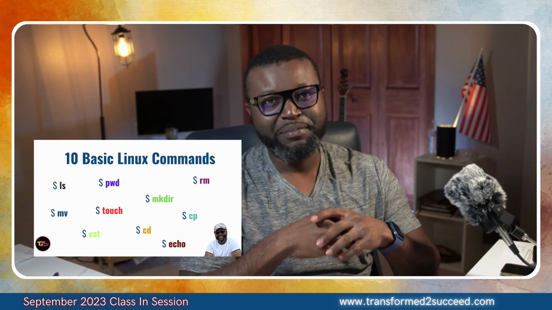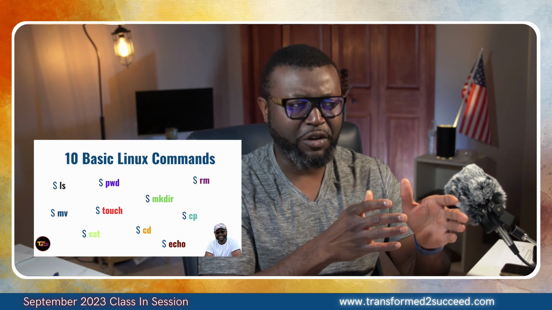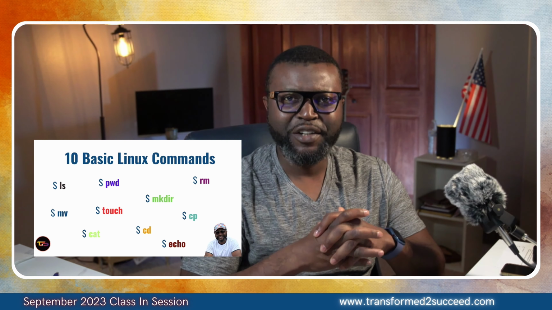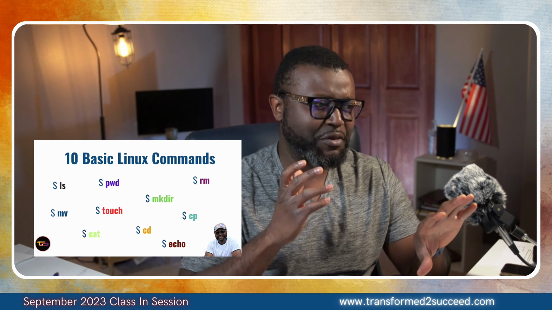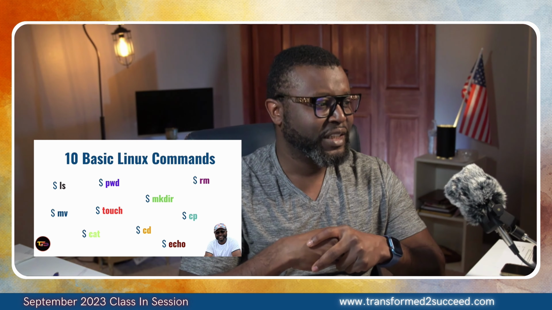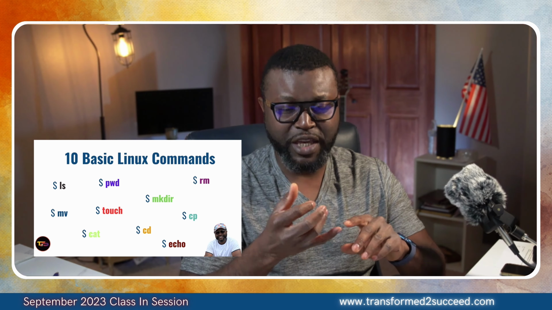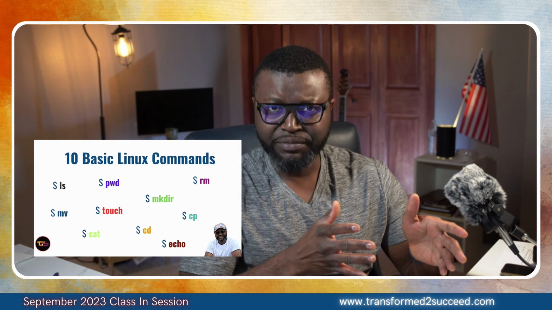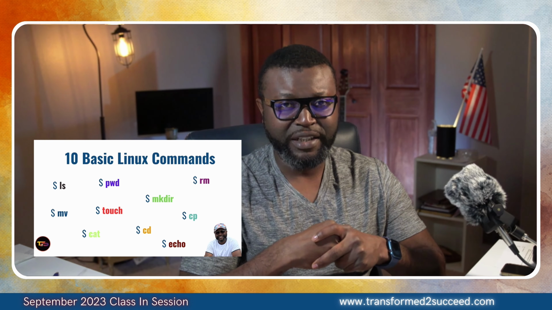I'm gonna go through that a little bit quickly, but these 10 basic commands that you need to learn and master include the following that you see on your screen. So we have ls, we have pwd, we have rm, which is remove, we have mkdir, which is to create directories. You have move, mv, you can either move a file or rename a file using the mv command.